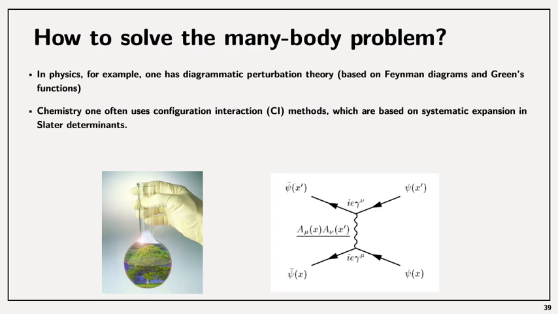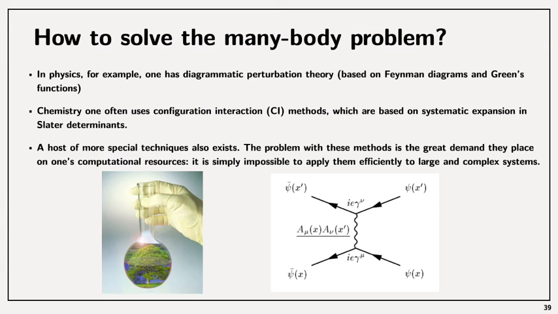They know how to do this in very small systems by considering those advanced many-body problem issues. So there are different techniques. They are not always very practical because they take a lot of computational power and it becomes very tedious.